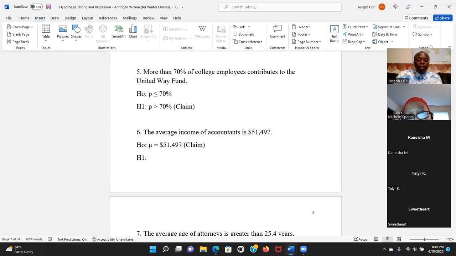Then the opposite is the mean is not equal to 51,407.